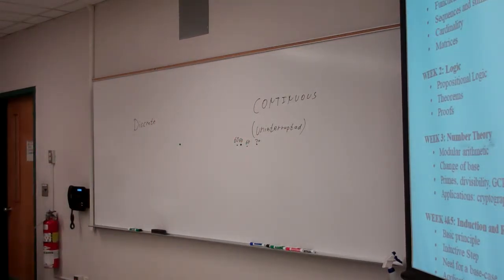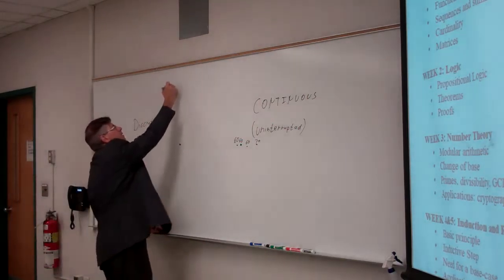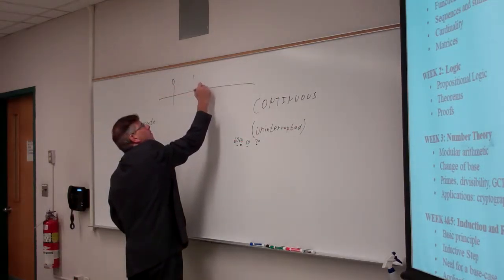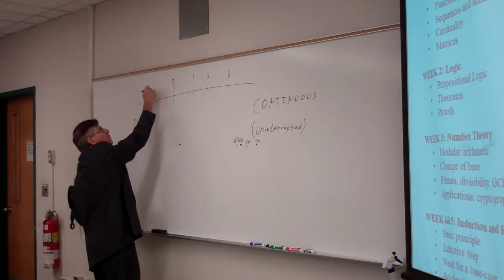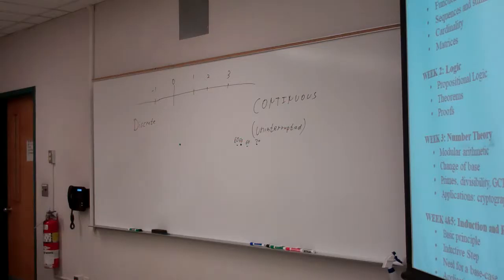So what does this have to do with being uninterrupted? Think of a number line. And it's a real number line, it's just plain old numbers we always deal with.